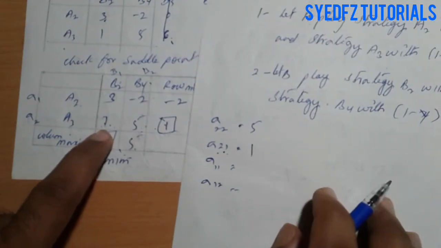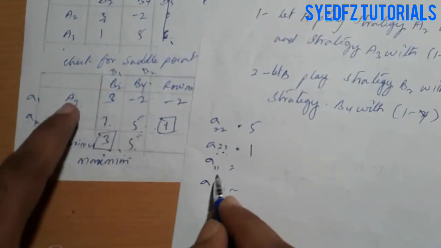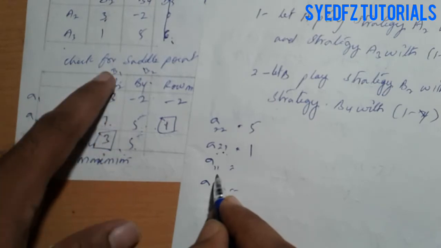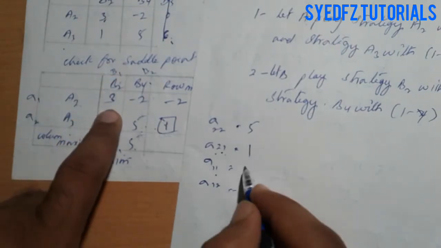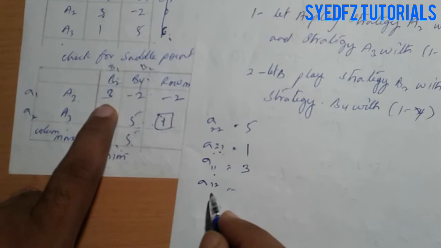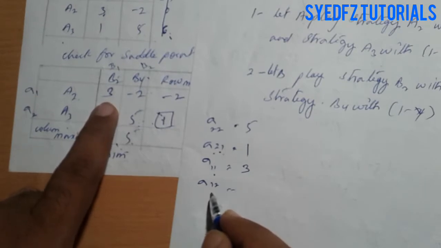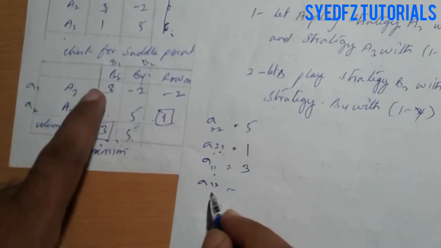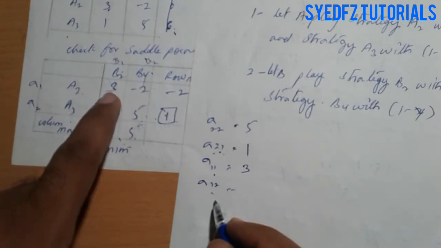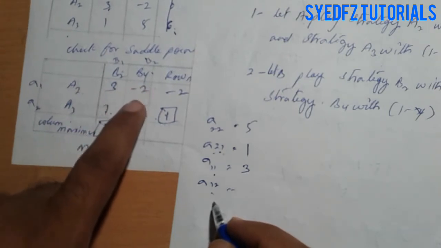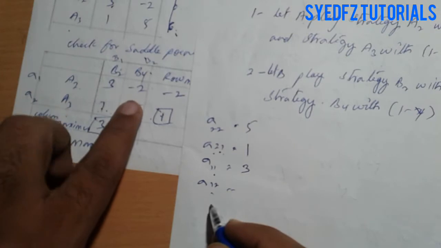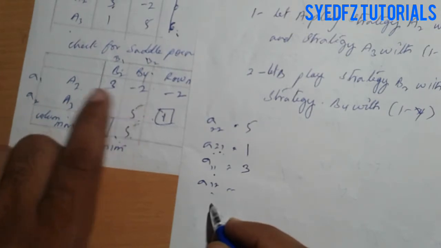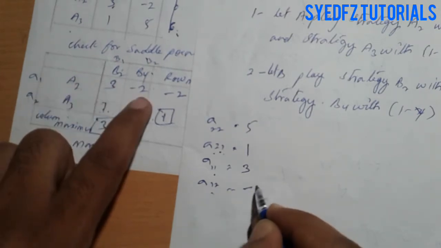Now A1 and B1 means 3. A1 row and this is B2 means minus 2.